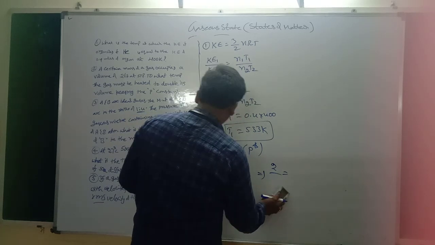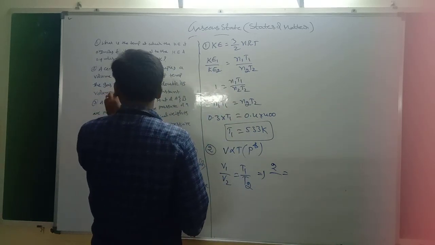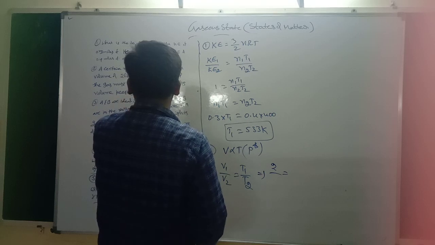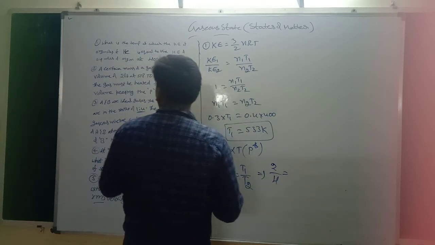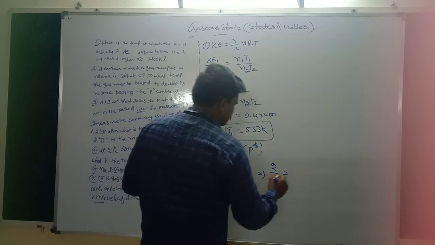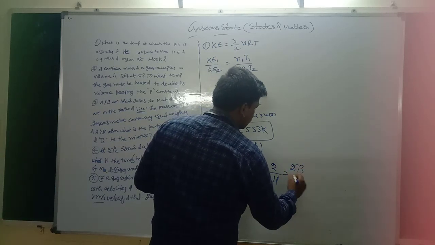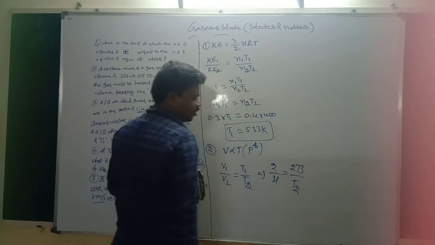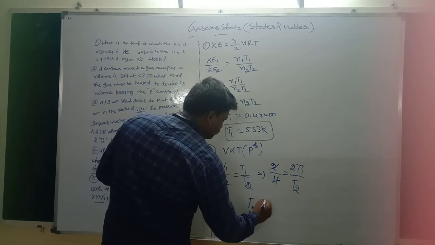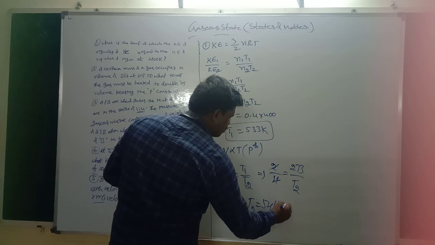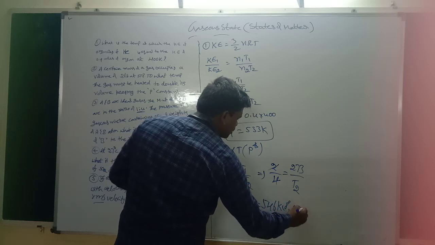Here volume V2 is double, that means 2 by 4, and temperature at STP is 273 and T2. Then T2 equal to 546 Kelvin or 273 degrees centigrade.